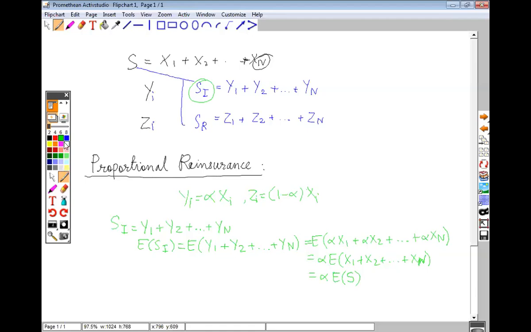And let's say if you try to do this now for the reinsurance company, what will you have? Let's say expectation of SR. What will it be? So similarly, instead of alpha, you would have 1 minus alpha. So it will be 1 minus alpha times expectation of S. Is this clear to everyone?